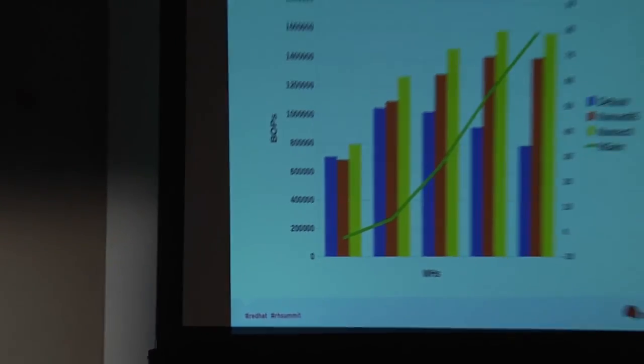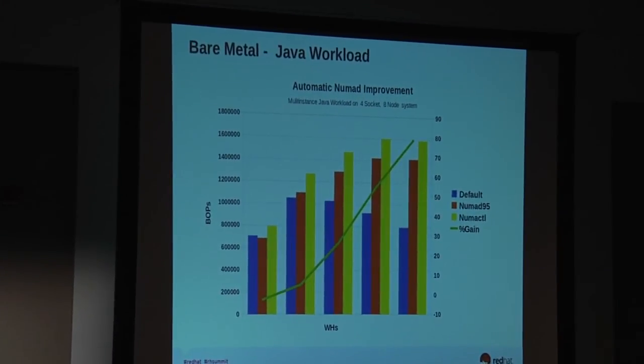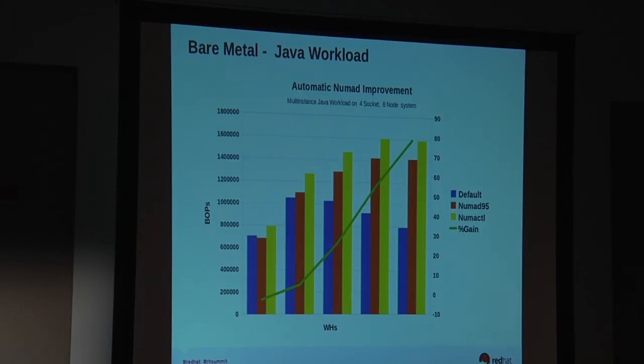This is a picture showing the improvement you can get from manual tuning. The dark blue bars are the default performance from a Java load, and the x-axis should be like 2, 4, 6, 8, 10 warehouses for this Java load. The blue bars are default performance. The gold bars are what you get if you do hand tuning with numactl before you launch the processes, and the red bars are the performance that you get automatically by running numad.